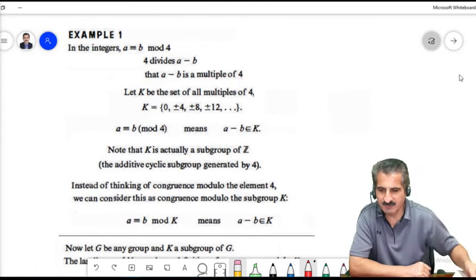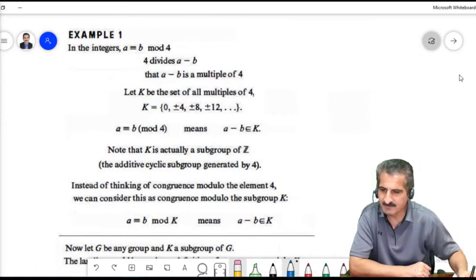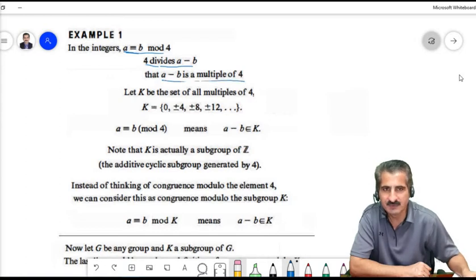Remember that we say two integers a and b are congruent modulo 4 if 4 divides their difference. Which means a minus b is a multiple of 4, which means a minus b belongs to this set which we call K, because multiples of 4 are 0, plus or minus 4, plus or minus 8, plus or minus 12, and so on.